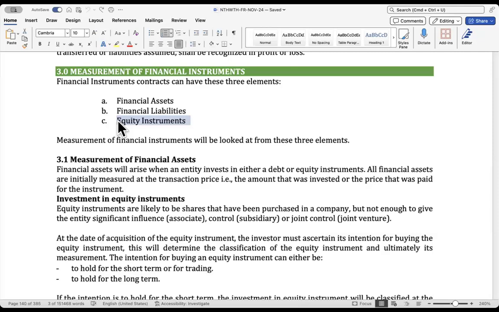If you eventually issue your shares above the nominal value, that excess over the nominal value is usually recognized in your share premium account. But ordinarily, you measure it at nominal value. So that's that for equity.